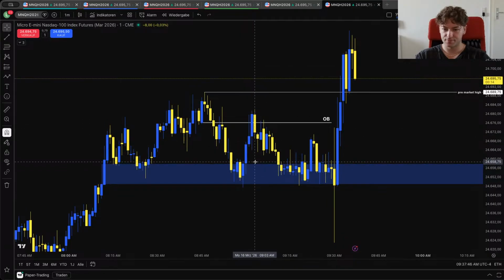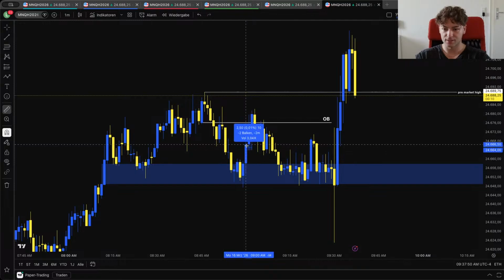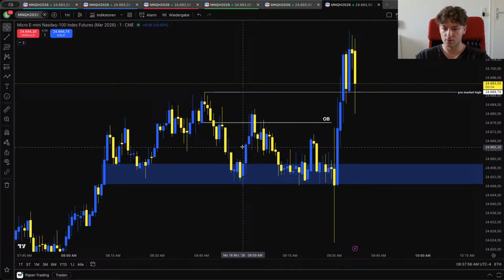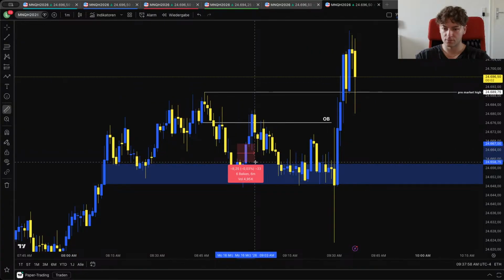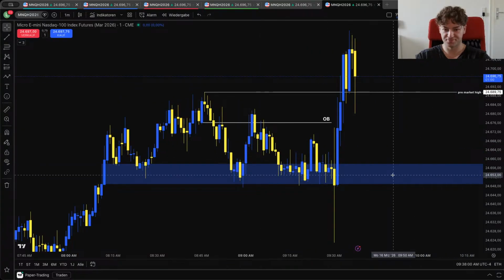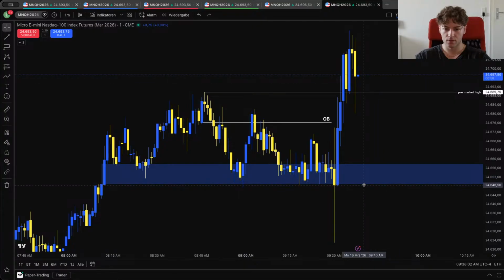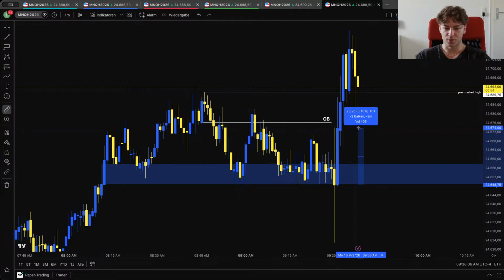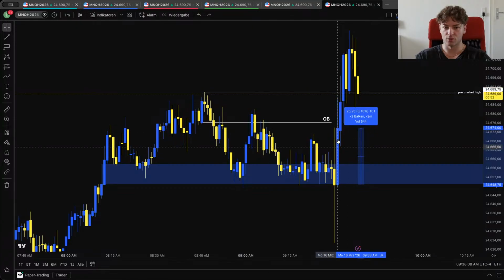The displacement here is eight handles. The displacement here is 25 handles, and that's still small.